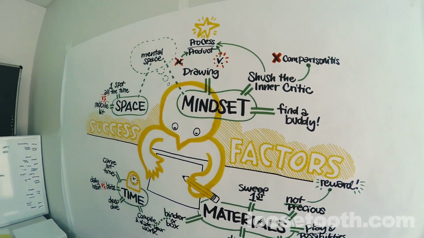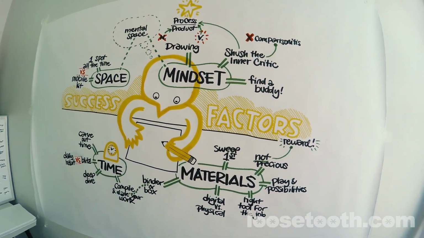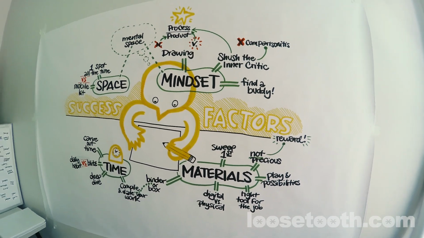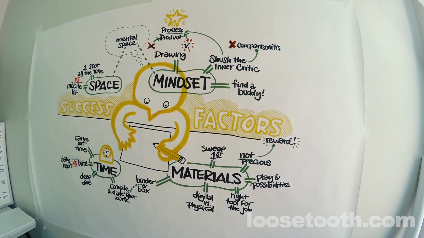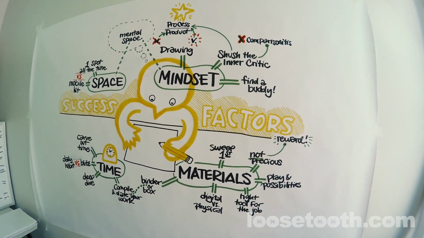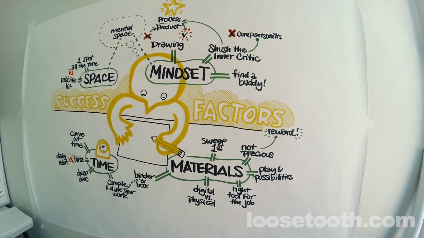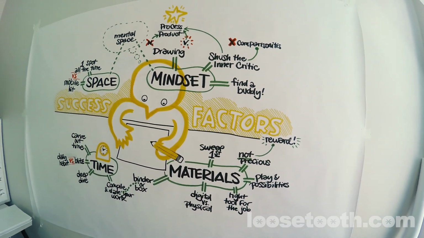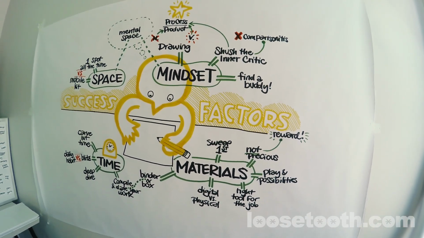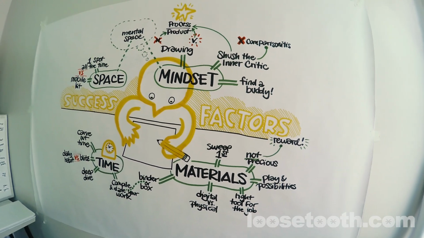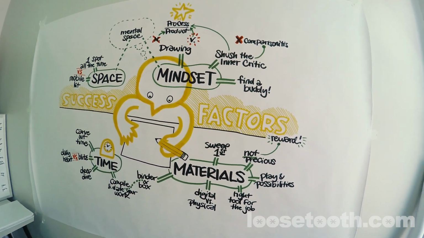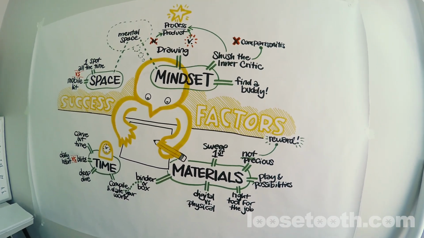Color-wise, we're mostly working with a trio with one accent color. So the lightest color in the trio is the yellow, that beautiful egg yolk yellow that I love so much. And as I noticed on the video, it matches my eyeglasses very well. And we're using this olive green as the medium tone, and then black for the highest contrast color. And then we've got red used in just a few places to really highlight a specific idea.